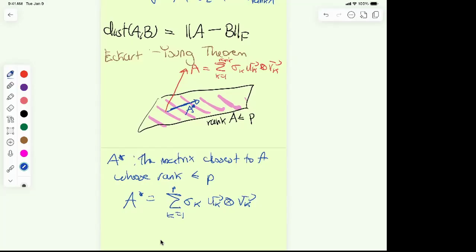If you remember, this is the matrix format of the SVD, and if you know that the distance is the same when you rotate the matrices by a rotation matrix, then you reduce it to the case where the matrix is diagonal. You can reduce it to proving this for the matrix sigma, and there is an obvious formula.